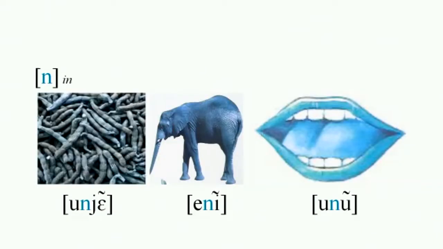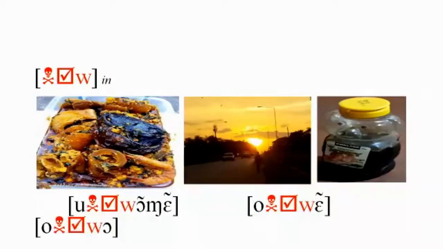And the consonant ni in unye, eni, unu, inya. And the consonant wi in umome, ome, owo.